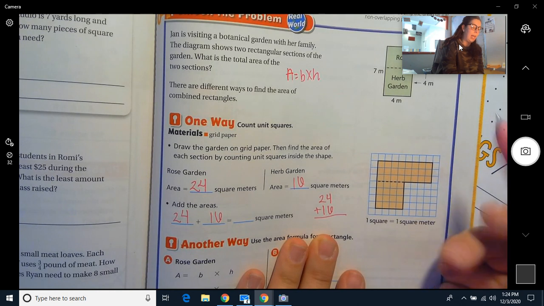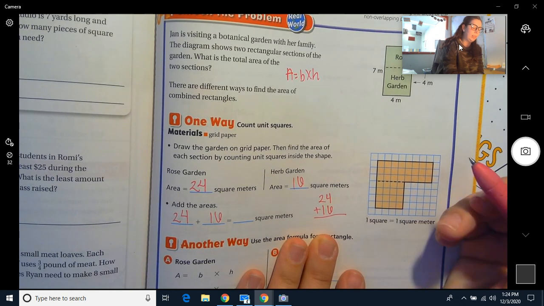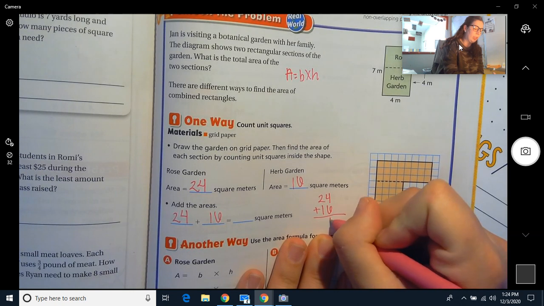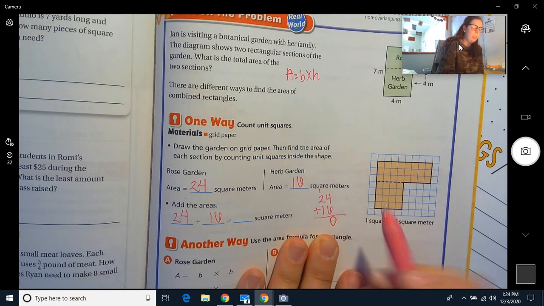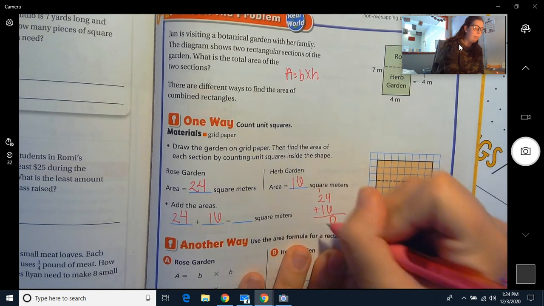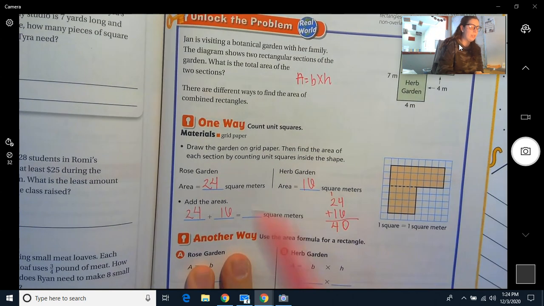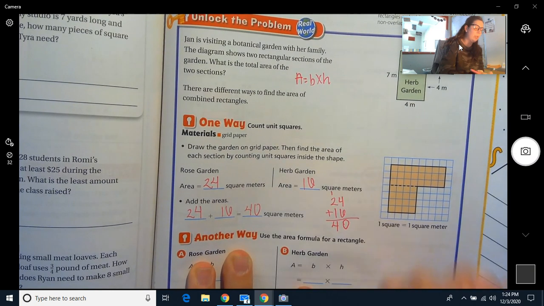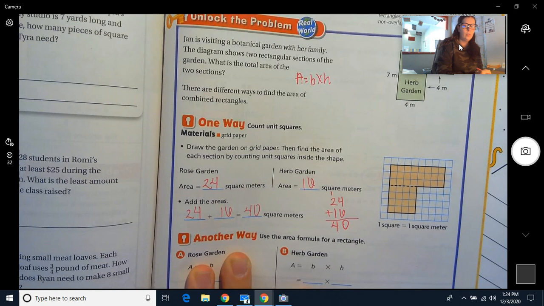Jaylee Smiley, go ahead. 4 plus 6, what's that, Jaylee? 10. 10, so I'm going to drop a 0, carry a 1. Now 2 plus 1 plus 1. 4. 4. Thank you. So 24 plus 16 equals 40 square meters. Okay?